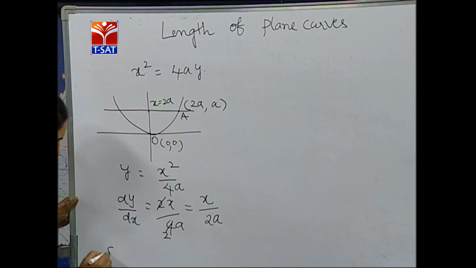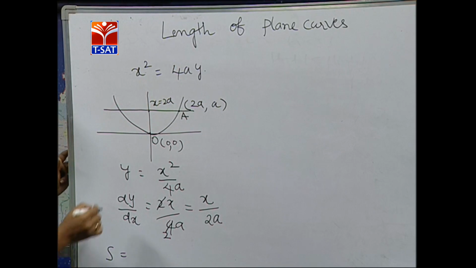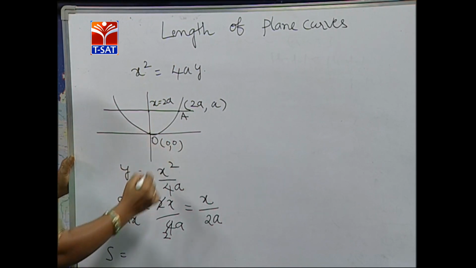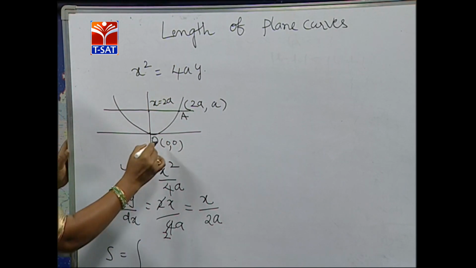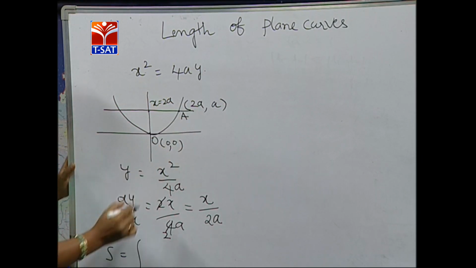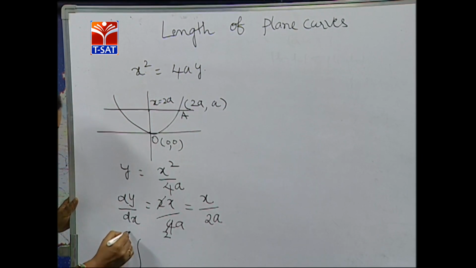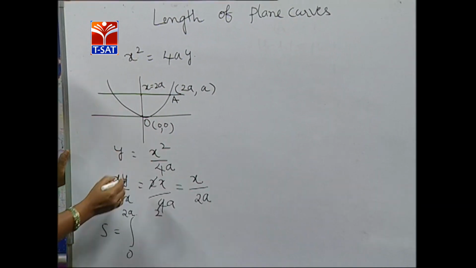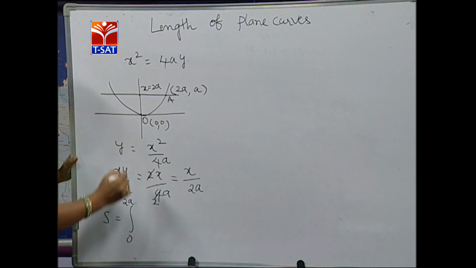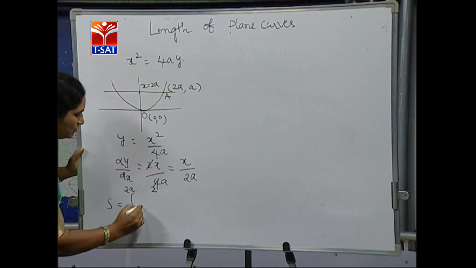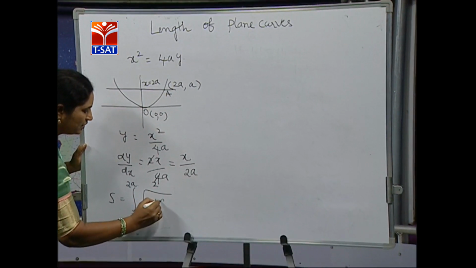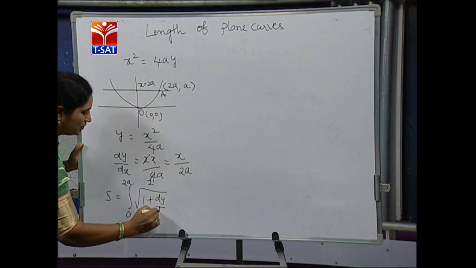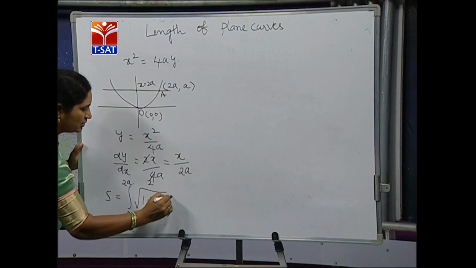Now what is the length? According to the formula, here x varies from 0 to 2a. The length s is equal to integral 0 to 2a under root of 1 plus (dy by dx) whole square into dx.